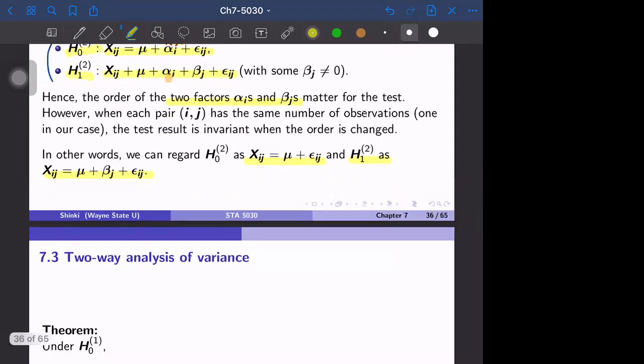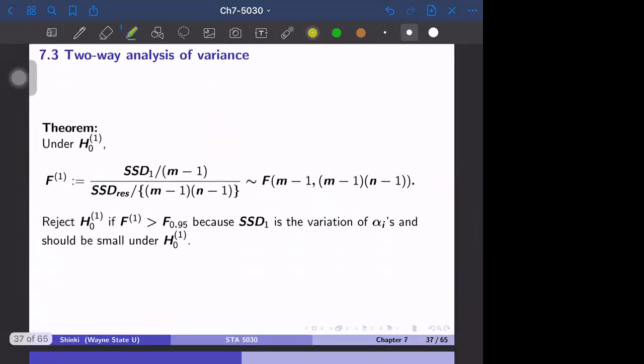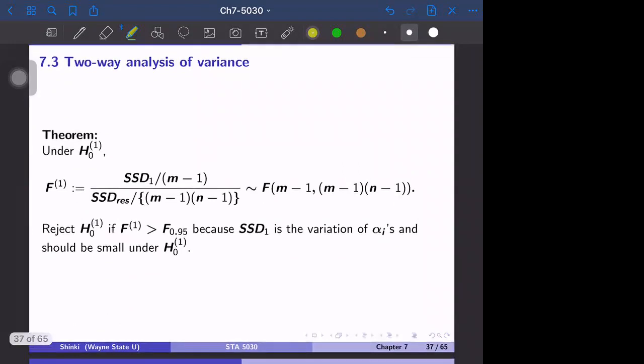And the theorem: basically we compare the relative size of the SSD1, the sum of squares between groups for factor 1, and the residual. If this ratio is large, then that means factor 1 is important. If this statistic is large, then we reject the null hypothesis. So reject H0 if this F1 statistic is larger than some threshold.